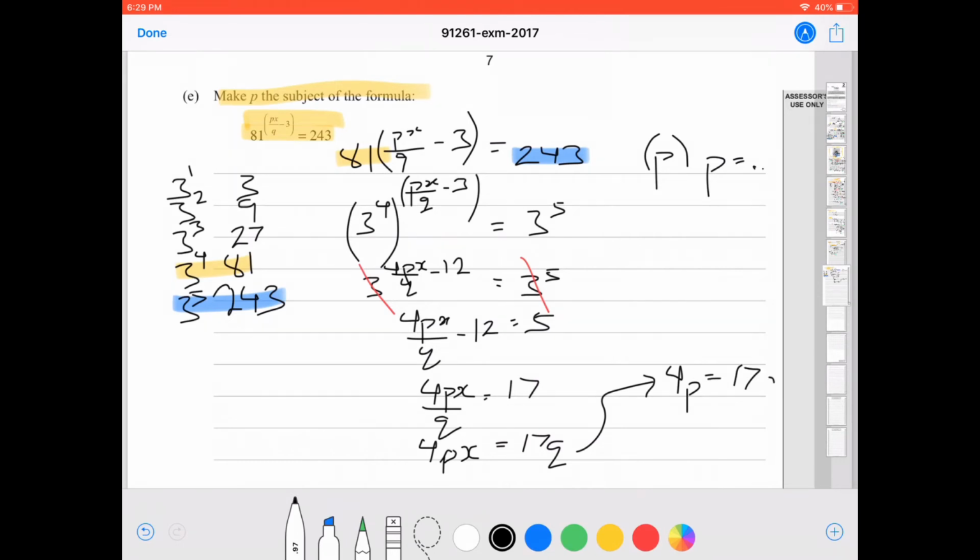We've got x, so we can say 4p equals 17q over x. And then lastly, p equals 17q over 4 times x.